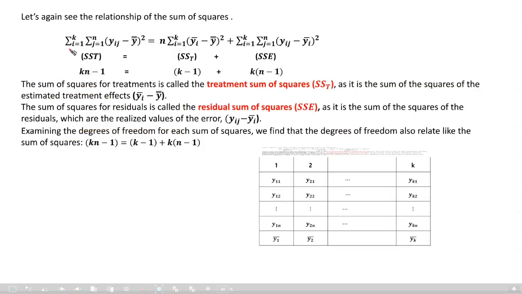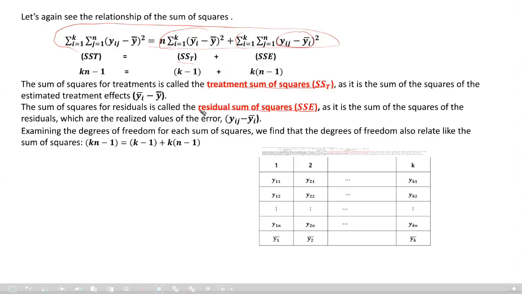I rewrite the previous formula like that, to explain some more. Then we call this term the treatment sum of squares, SST, with subscript T. What is this? The residual sum of squares.